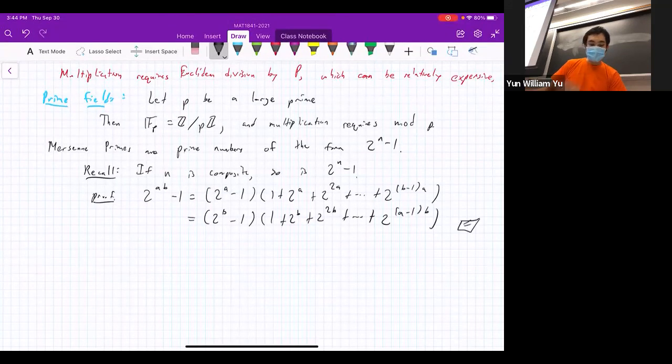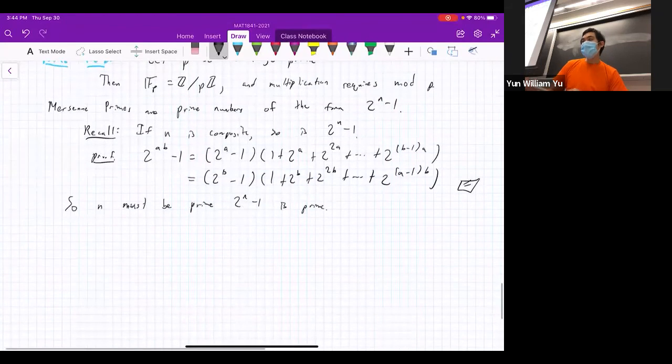So clearly n must be prime. It's not sufficient, but n must be prime if 2 to the n minus 1 is prime. If you go online, you can look up the entire list of Mersenne primes in the Online Encyclopedia of Integer Sequences, A000043.